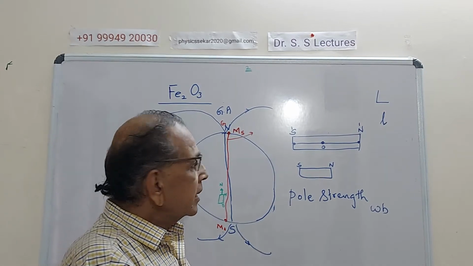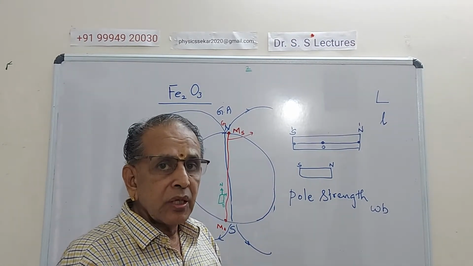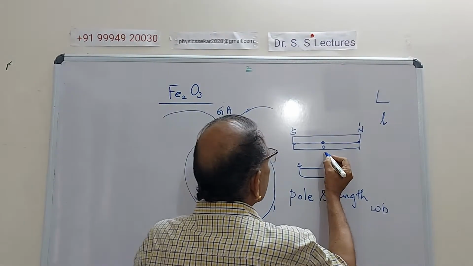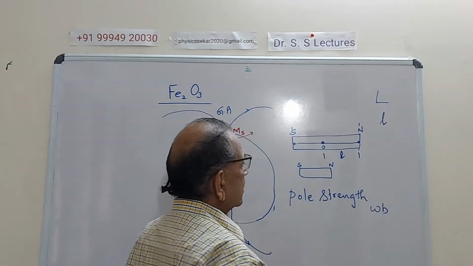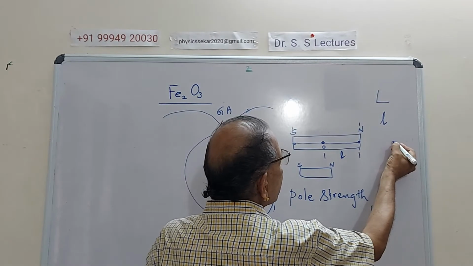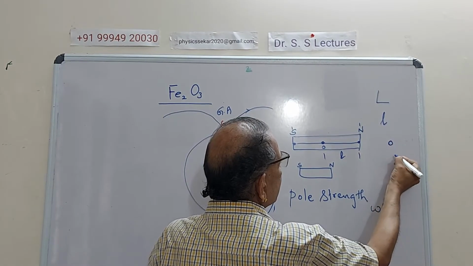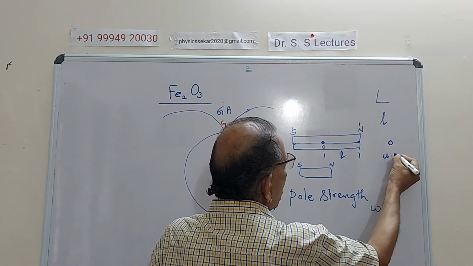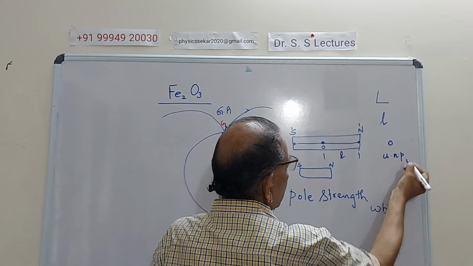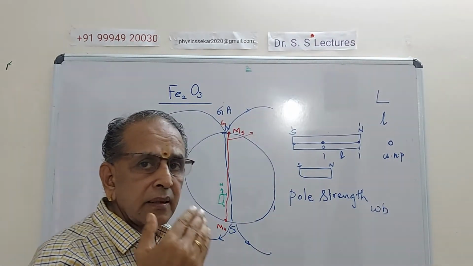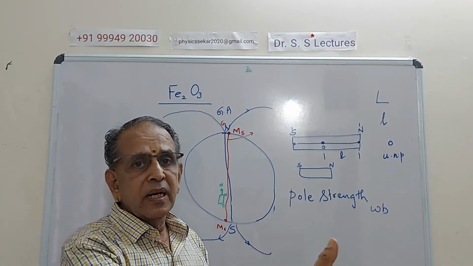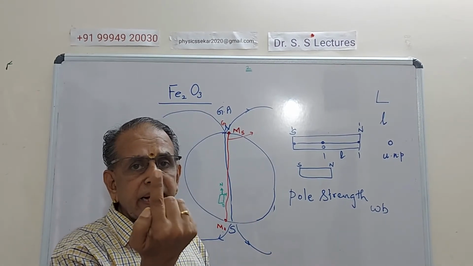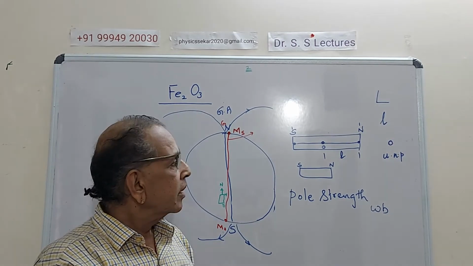That means in all the calculations, you will be coming across one thing called the semi-length of the magnet. Because when you take the test magnet, the unit north pole, because the north pole of any bar magnet will repel this unit north pole having magnitude 1 Weber.